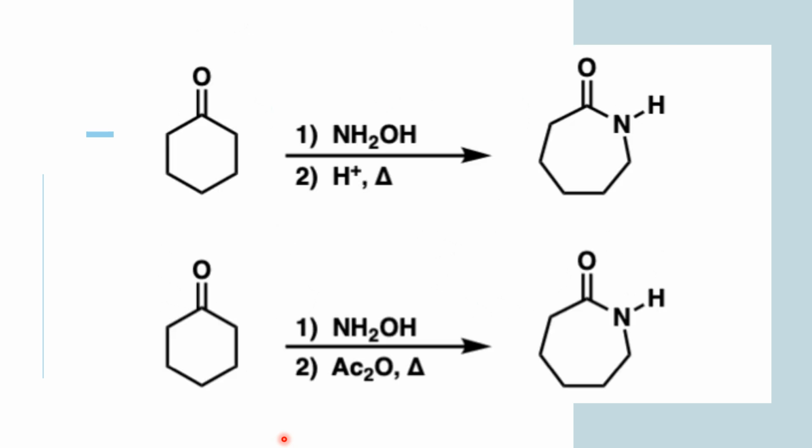Hence, by following the Beckmann rearrangement, we are getting this seven-membered cyclic amide starting from the cyclohexanone reactant. Okay, I hope this is clear to you.